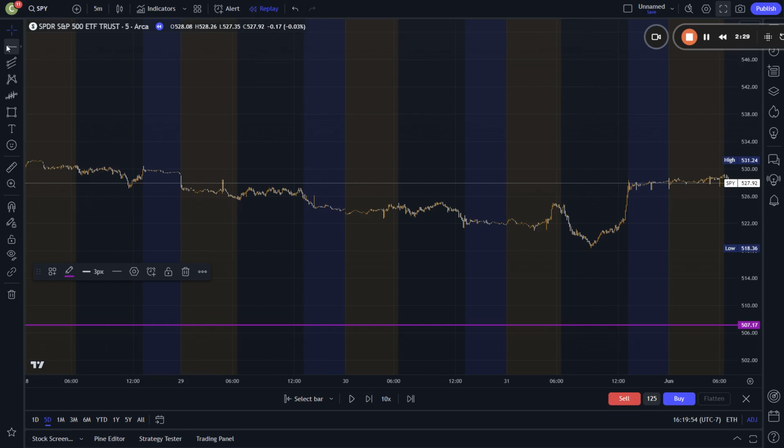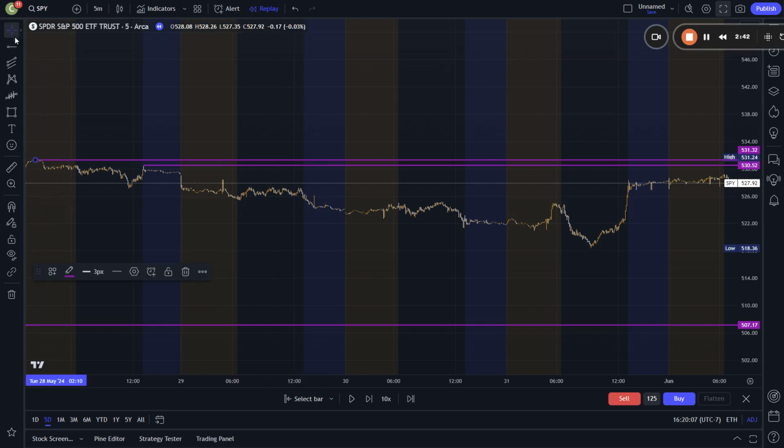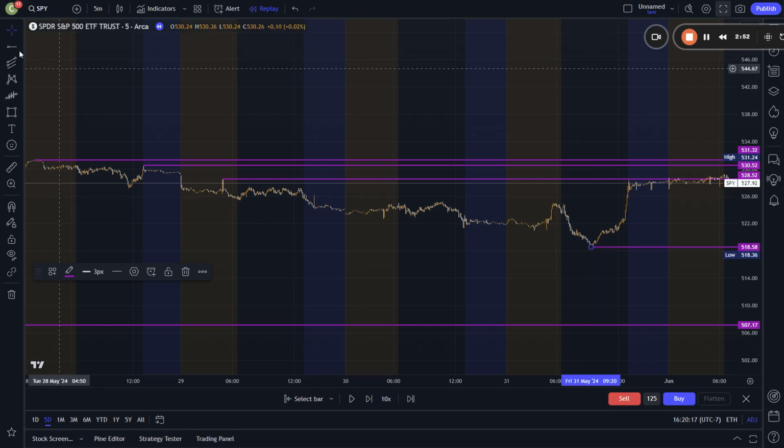So on the 5-day, I'm just going to draw certain levels. I consider this awkward movement pre-market a high, and then we can see pre-market as well another high, and then we can set these levels here. This is a considerable level as well.